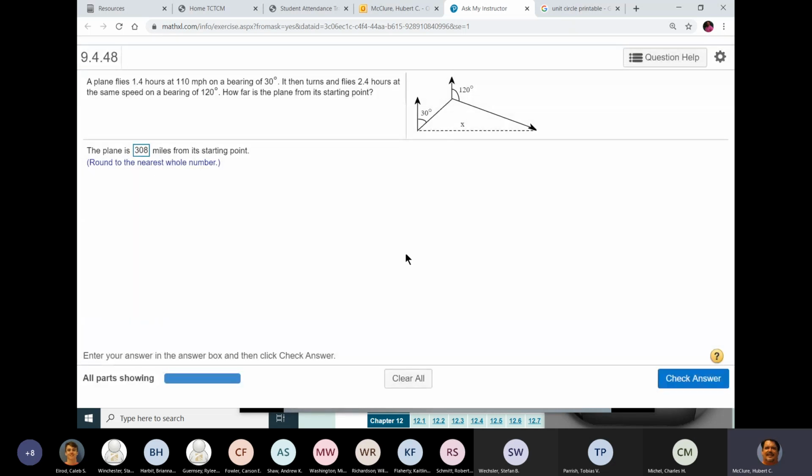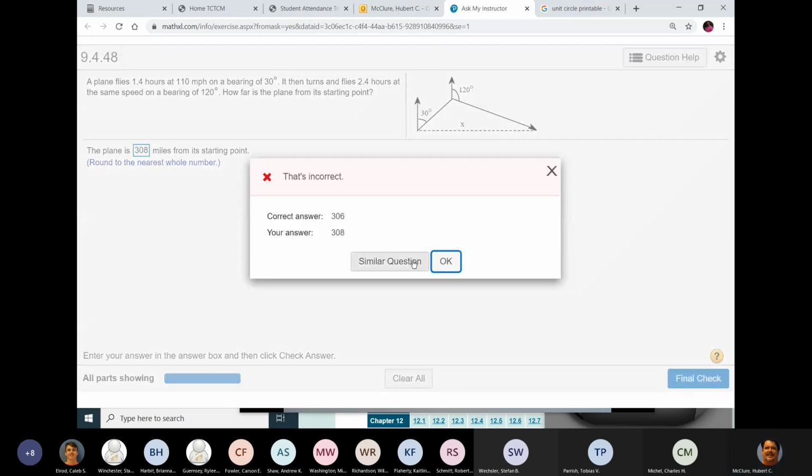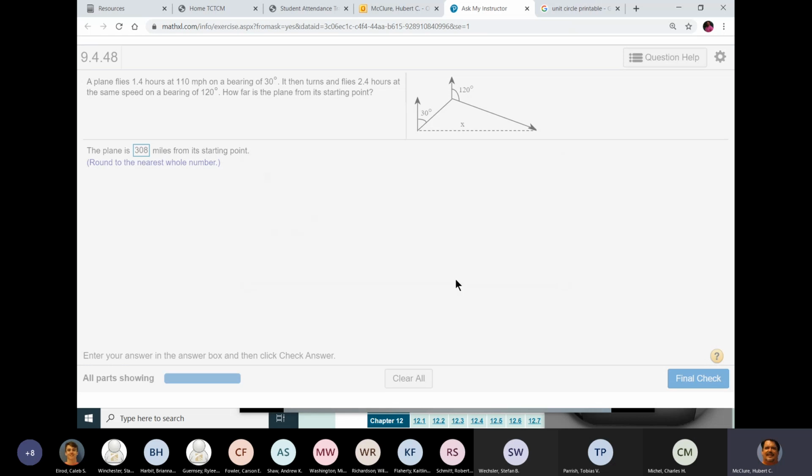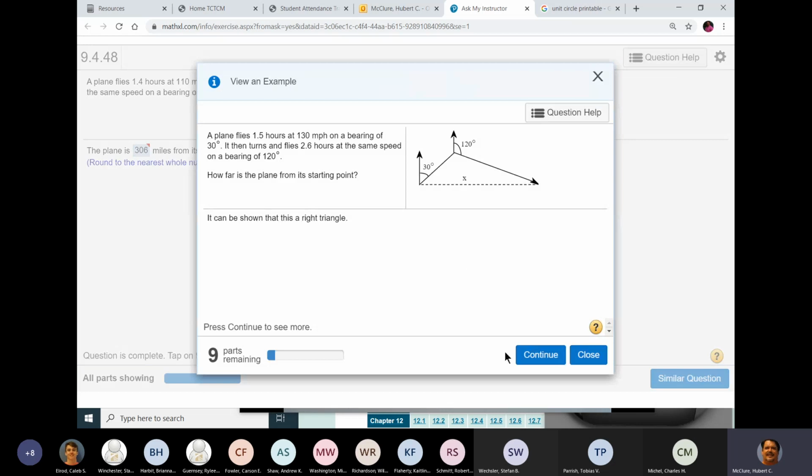Okay, then I assumed wrong on the 90 degrees, evidently. Okay, they got 308, 306. Huh. Well, I'll have to check on that one. Did they use what I used on the bottom? Hold on.